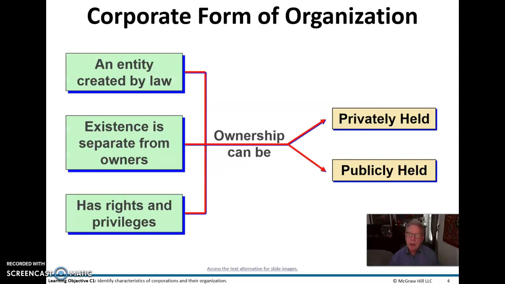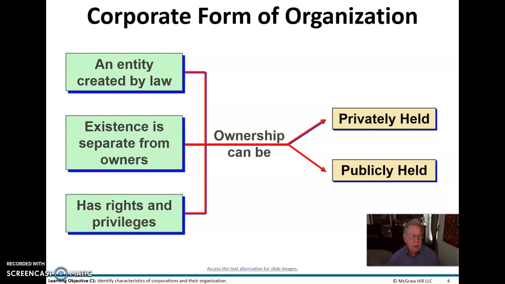Here, it's an entity created by law. I think of a corporation a little bit like a person. It's separate from its owners, and it has some rights and privileges. But it is possible for a corporation to be privately held as well as publicly held.